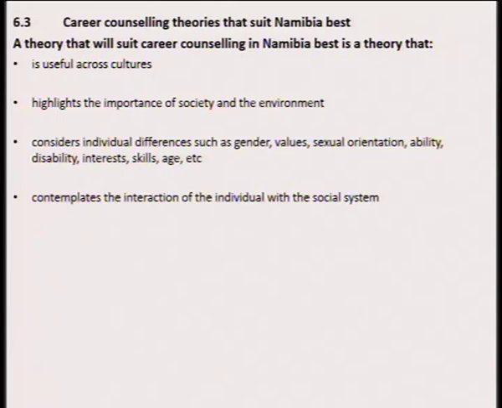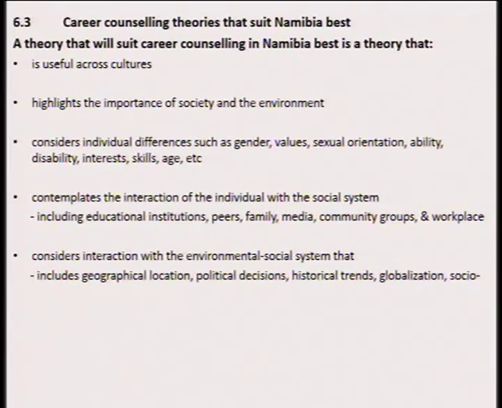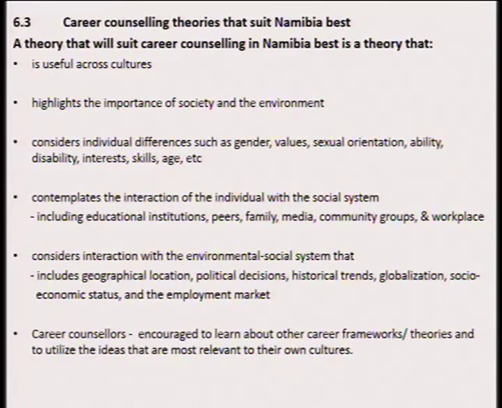It is also one that will contemplate the interaction of the individual with the social system, including educational institutions, peers, family, media, community groups, as well as the workplace. In addition, it should consider interaction with the environmental social system, and this includes the geographical location, political decisions, historical trends, globalization, socioeconomic status, as well as the employment market.